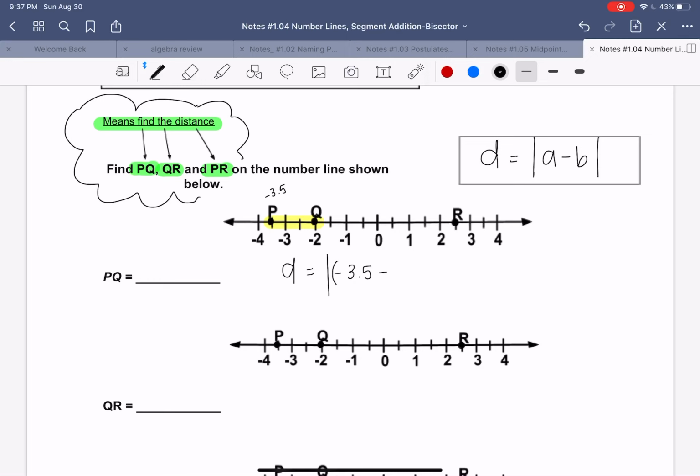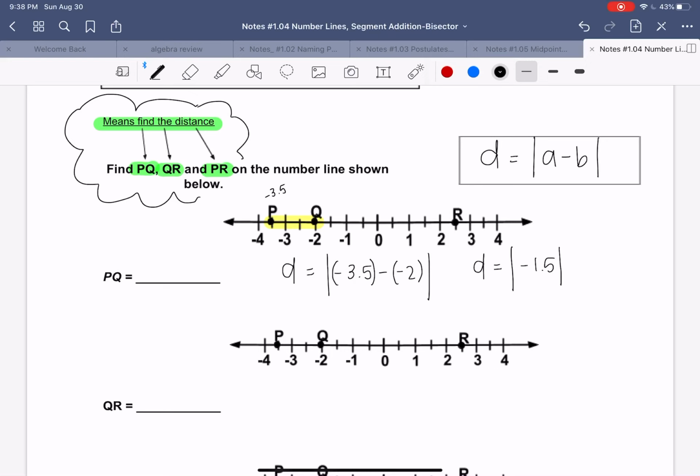So anytime I have negative numbers, I always use parentheses to help me organize my numbers, okay? All right, so we have a negative 3.5 subtracting a negative 2, which if you put that in your calculators, you should get a negative 1.5, okay? And remember, the answer is not negative 1.5.